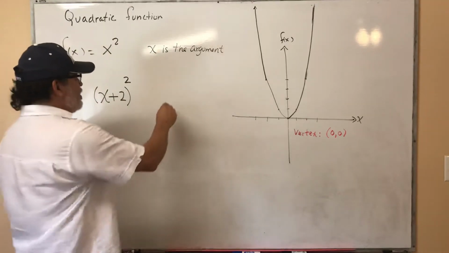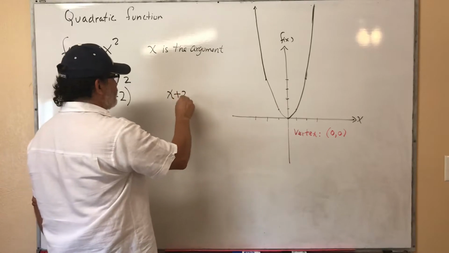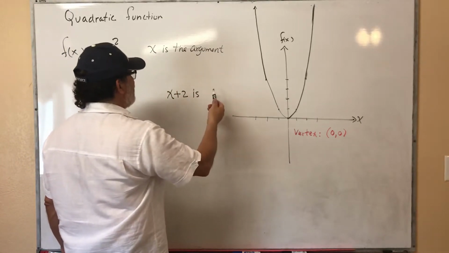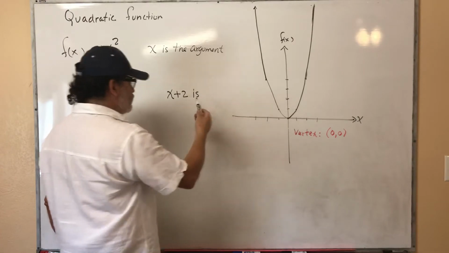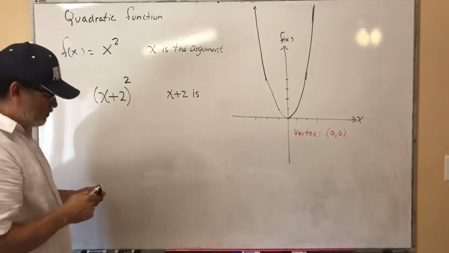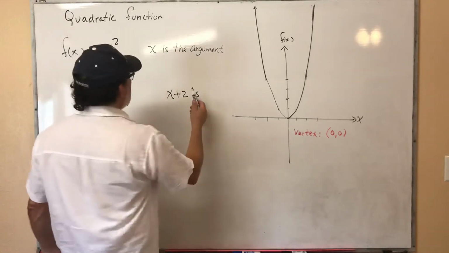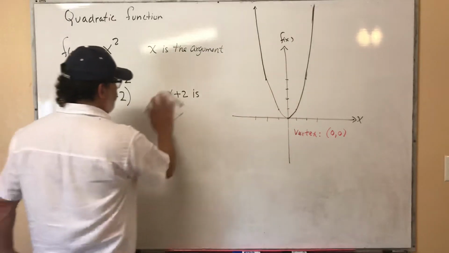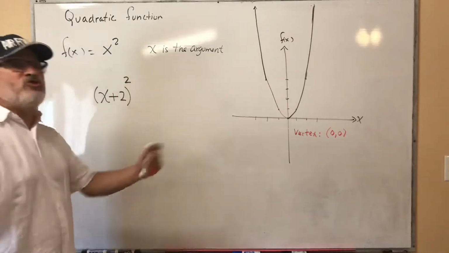So x plus 2 is now the argument. Here we took x, the old argument, and we added 2 to the argument. That's it.